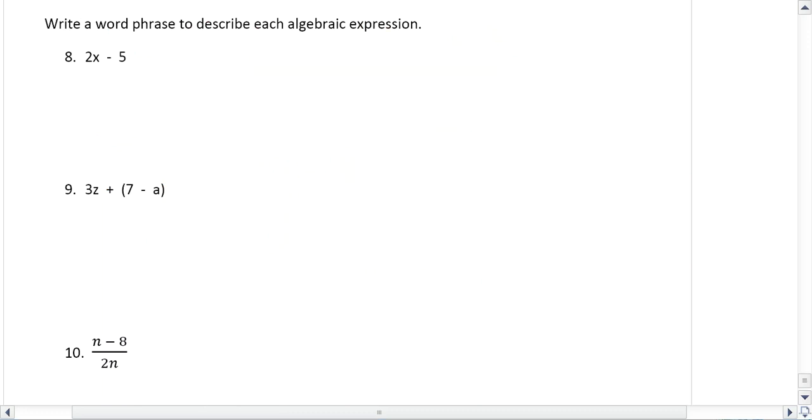All right, now what's difficult to teach about these next 3 examples is that people are going to write them a little differently, and there's many different ways to write this correctly. Number 8, for instance, I might put twice a number, subtract 5.